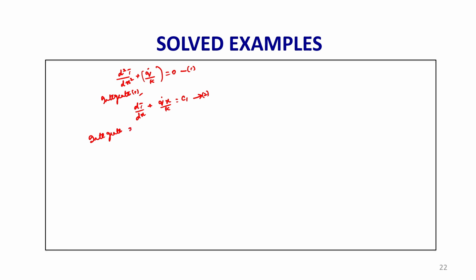Now integrating equation 2, we get T as a function of x plus Q dot into x square by 2K equal to C1 into x, and one more constant will come, C2. So, this is equation number 3.